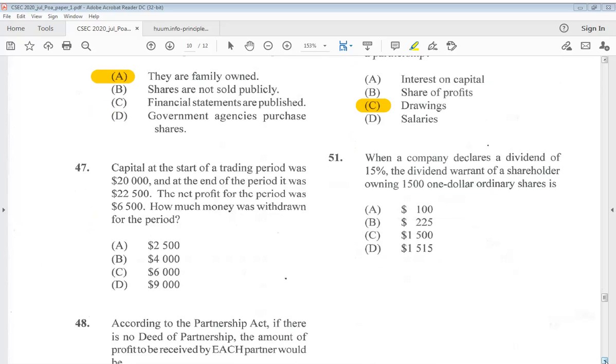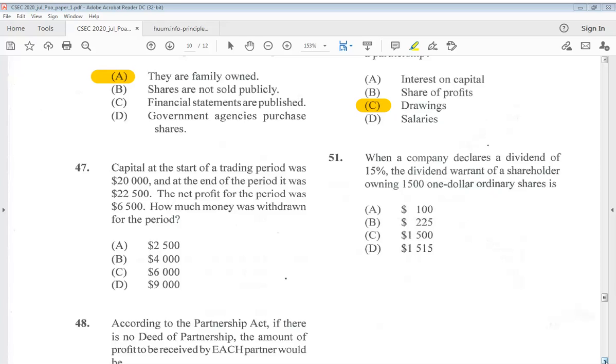When a company declares a dividend of 15%, the dividend warrant of a shareholder owning 1,500 ordinary shares is A, $100, B, $225, C, $1,500, or D, $1,515.